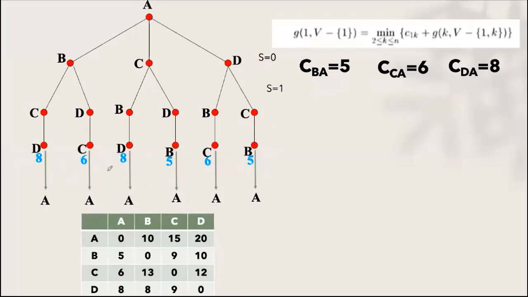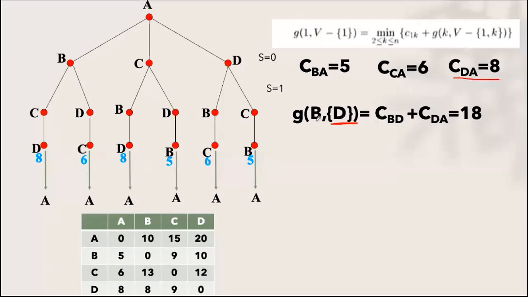Next, you have to go one layer above. That is, B to D and then D to A, or B to C and then C to A. If you are in B, either you can go to D and A, or you can go to C and A. That you need to find out. That is G of B. This is nothing but the calculation we have done.